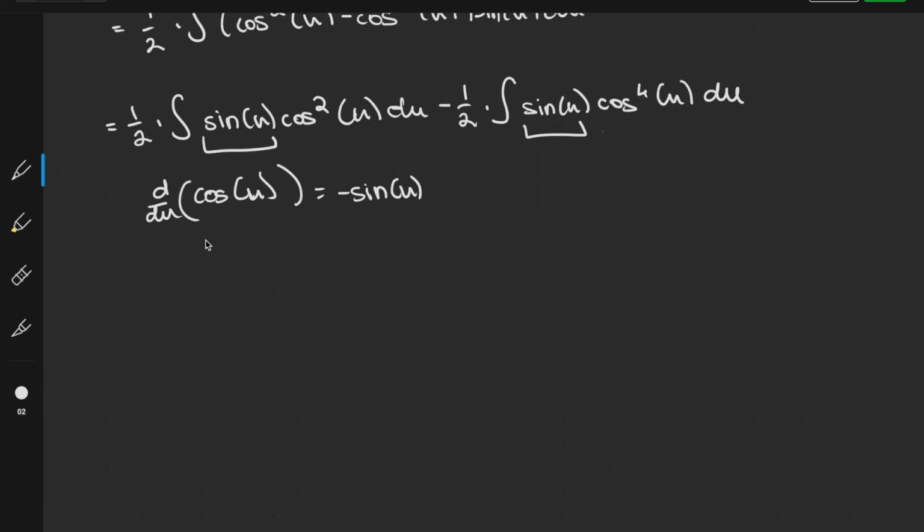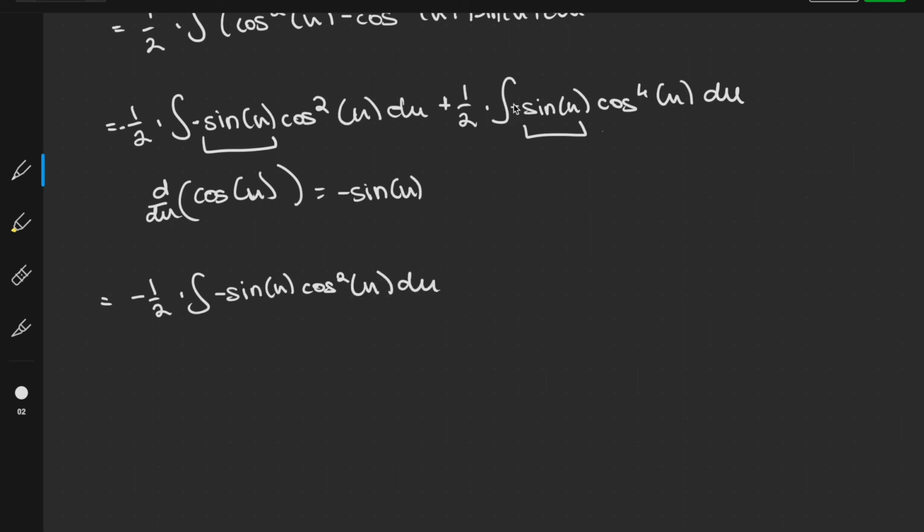So again, we're just going to use the linearity of the integral. We can make this a negative here, but we also need to make it a negative here as well. And if we take this negative here and put a negative here, this is just going to become plus. So I'll write that again. That's going to be negative a half times the integral of negative sine u cosine squared u du.